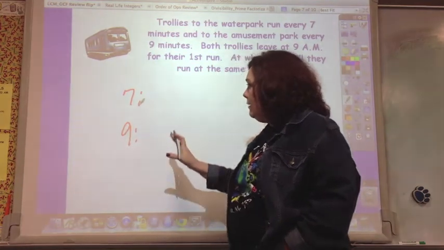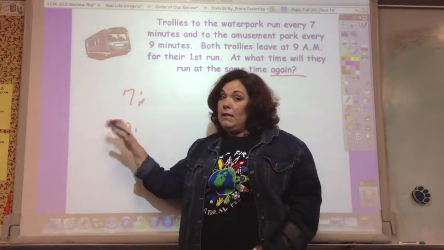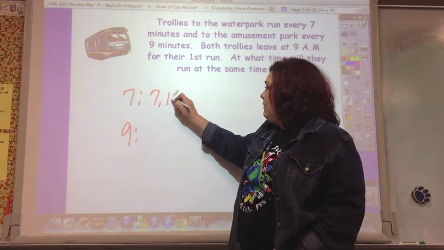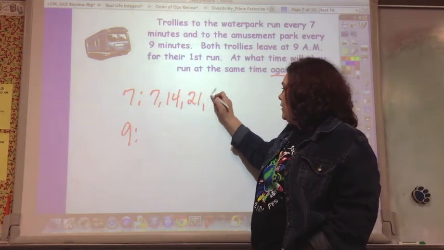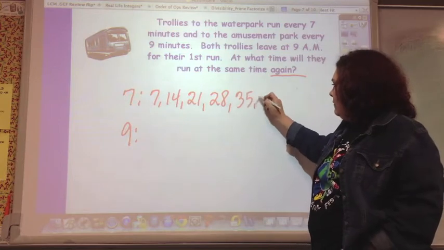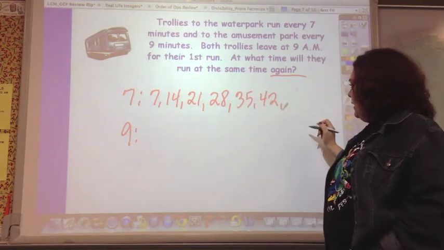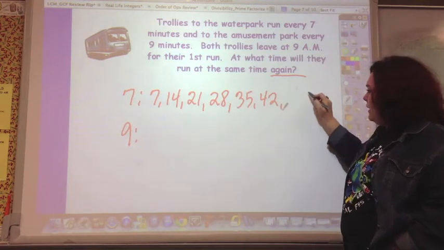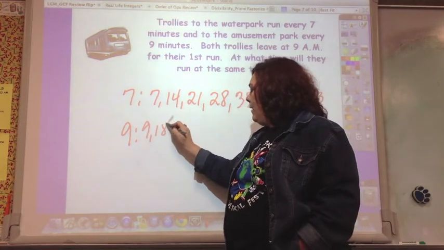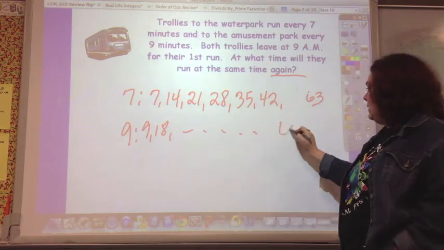Next means it's not going to be minutes less than 7 or minutes less than 9. It's got to be greater. So we've got 7, 14, 21, 28, 35, 42, and I think it's going to go all the way to 63. And then 9 will go all the way, all my multiples, to 63.